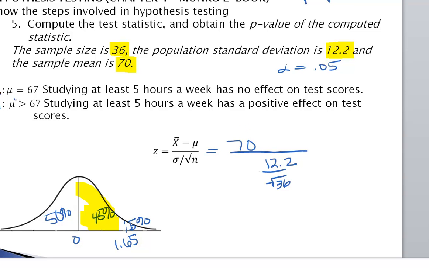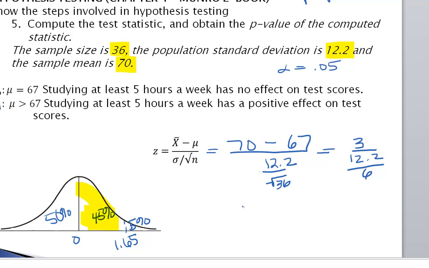And then we know that the actual population mean is 67. So now we are set, and I get to work on this. Take it one step at a time. 70 minus 67 is 3. And then this is 12.2 divided by 6. I just took the square root of 36.